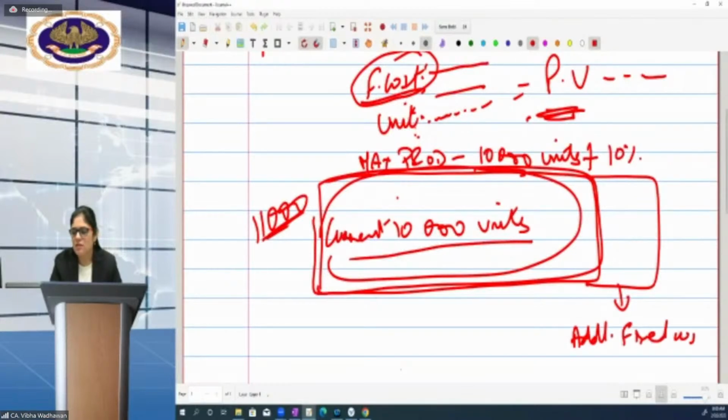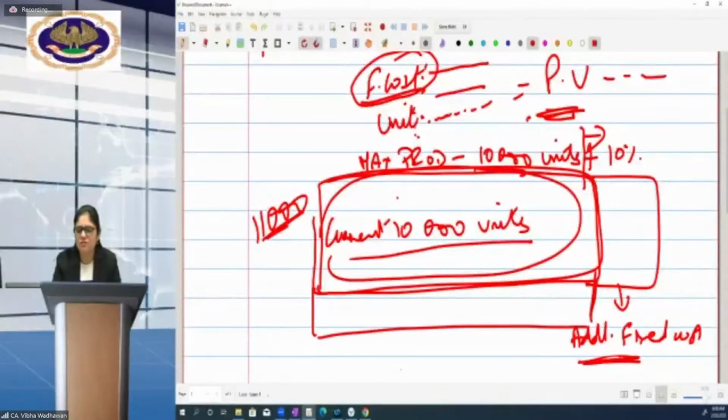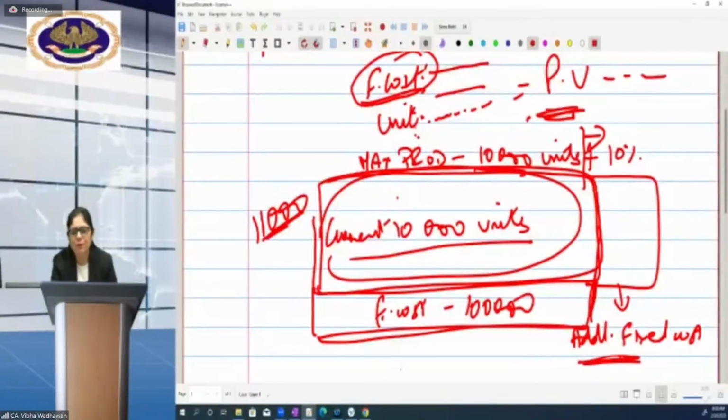All right. So generally, when you go beyond your maximum capacity, fixed cost also changes. Till this proportion, fixed cost remains the same, because let us say the rent of the factory is 1 lakh. Till 10,000 units, the rent will be 1 lakh.